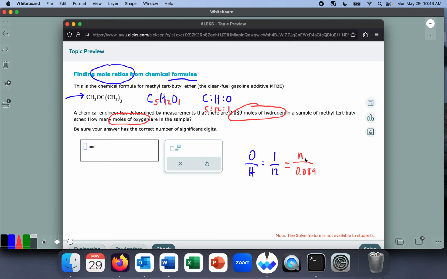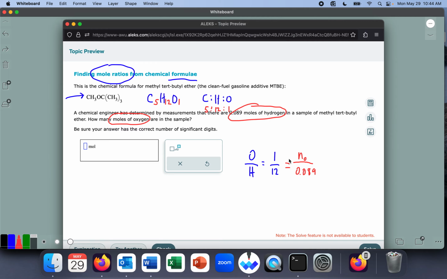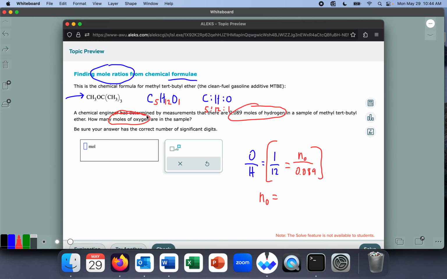So I'm going to say n for moles of oxygen, because if I put an O, that's going to look like a 0. So here's my formula: 1 to 12 is equal to n to that, right? So really, what I'm trying to figure out is the moles of oxygen, right? So I know how to solve this. I multiply both sides by 0.089, and that's how I get it.